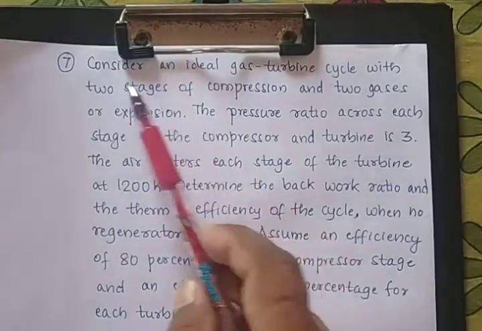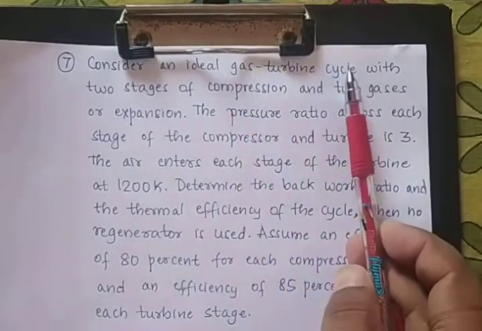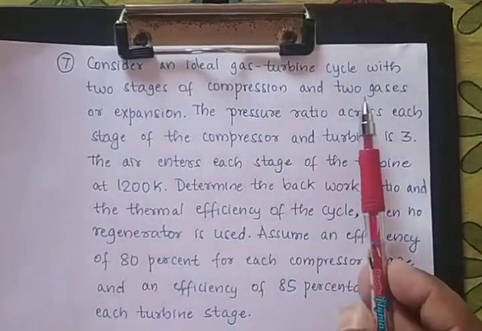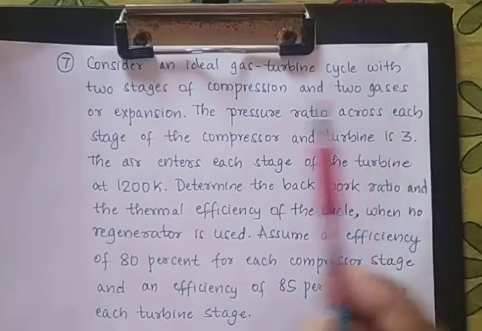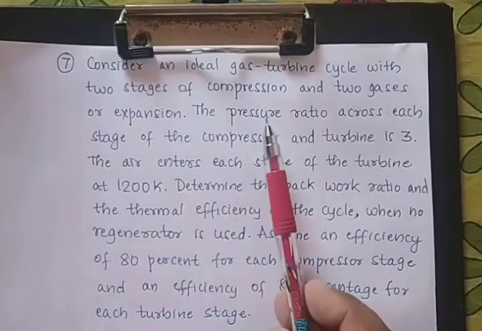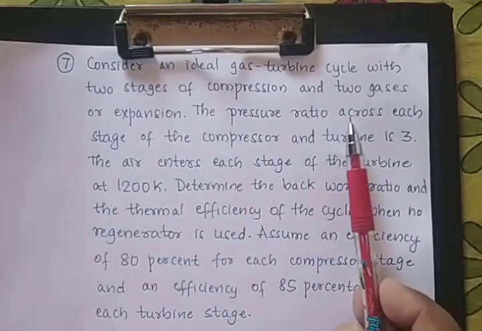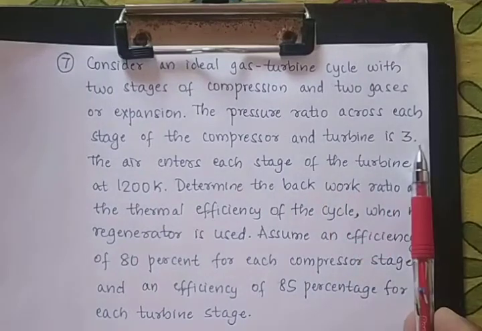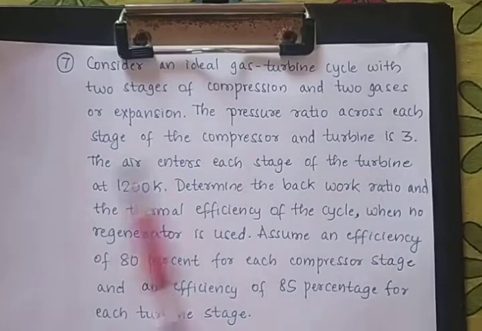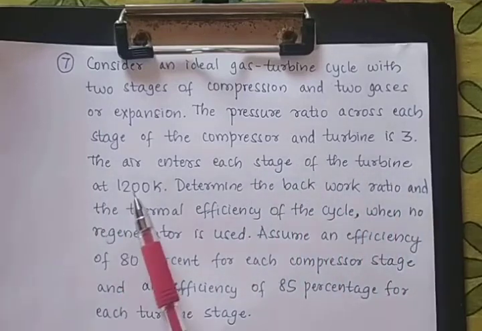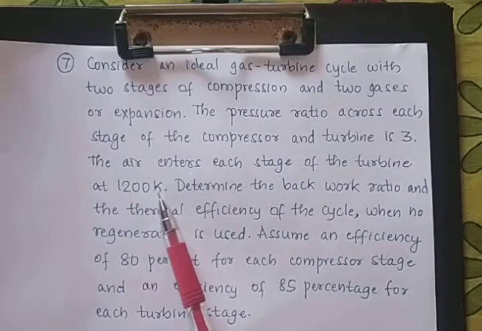Consider an ideal gas turbine cycle with 2 stages of compression and 2 stages of expansion. The pressure ratio across each of the stages of compression and turbine is 3. The air enters each stage of the turbine at 1200 Kelvin.